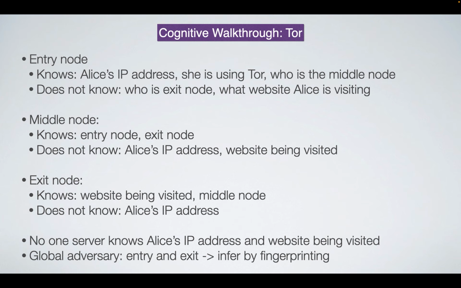So they were a global adversary. They were able to fingerprint, not at the packet level, but they were able to fingerprint that this person was putting stuff into Tor and this email was coming out of Tor around the same time. And anyways, that was enough to at least get a confession out of the student.